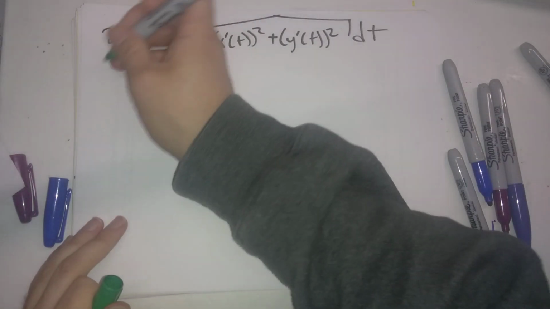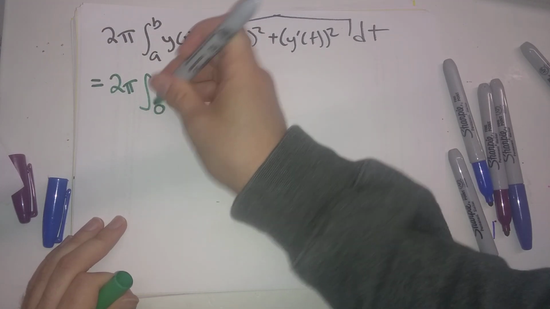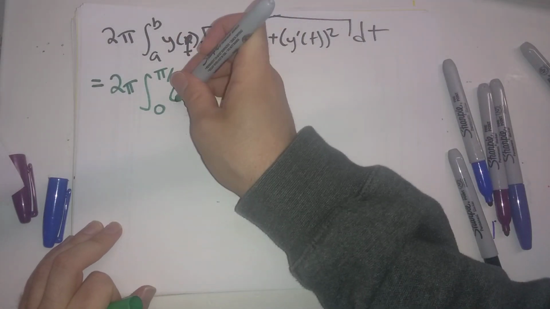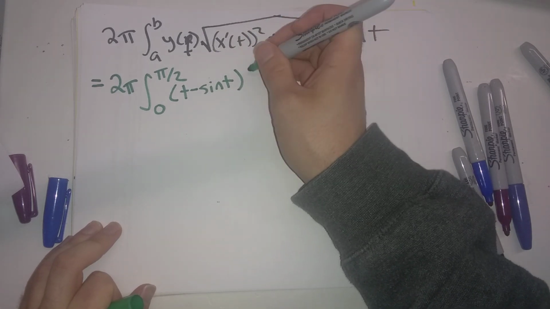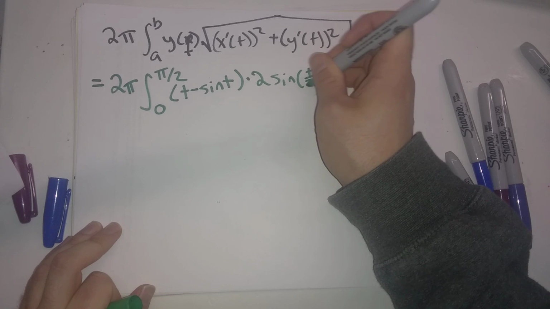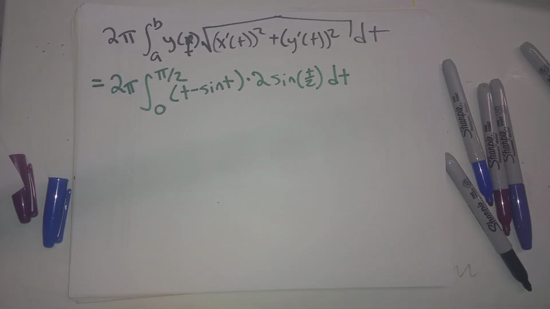Okay, so let's write this down now. 2 pi times the integral from 0 to pi over 2 of t minus sine of t times 2 sine of t over 2 dt. Okay, we want to evaluate this integral.